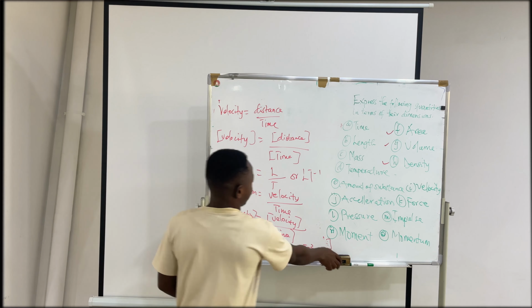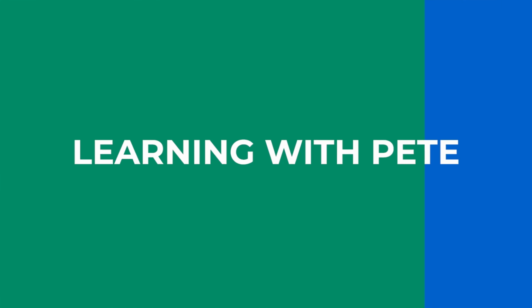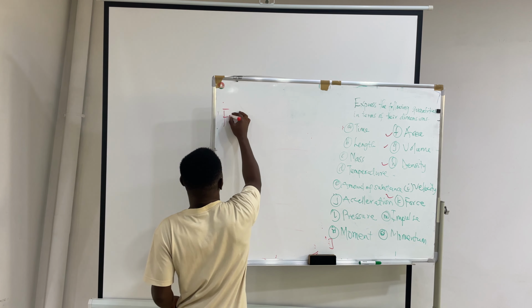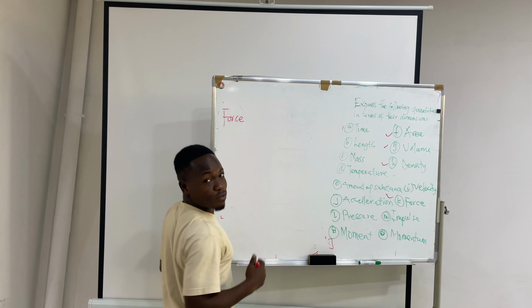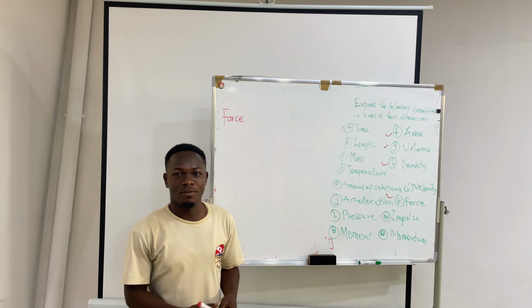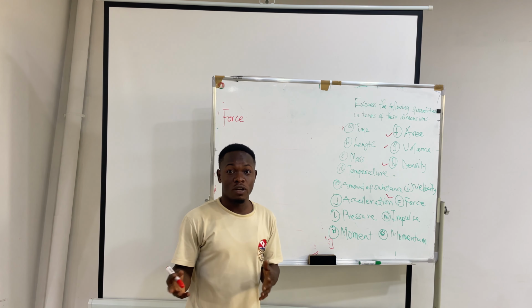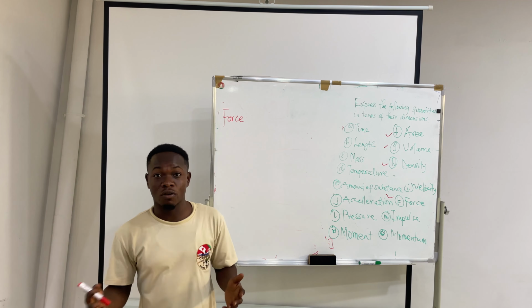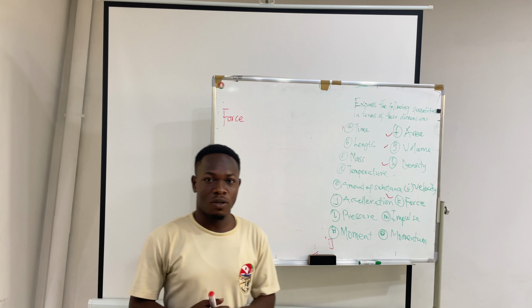So now moving to force. Dimensions of force. What is force? Force is mass times acceleration, right? Remember, you need to know the formula. If you don't know the formula, you can't find the dimensions. So it's as simple as that.